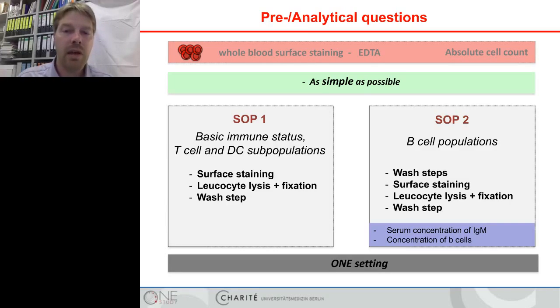We had to perform a second SOP because for the identification of the B-cell population, it is necessary to reduce the serum concentration of IgM. We are also interested in concentrating the B-cells within the sample because there are some rare populations. Therefore, we added an additional washing step prior to surface staining, but then we followed the same SOP. That enables us to use one unique cytometer setting for all the designed panels.